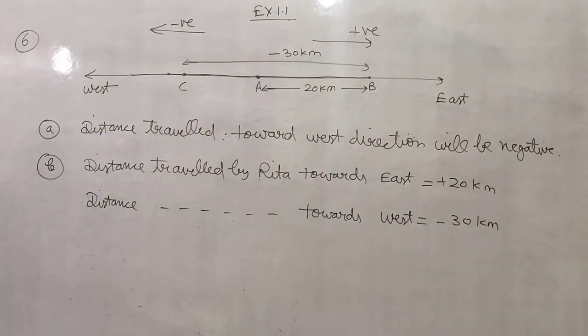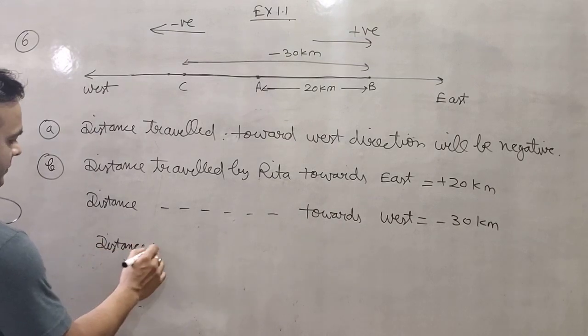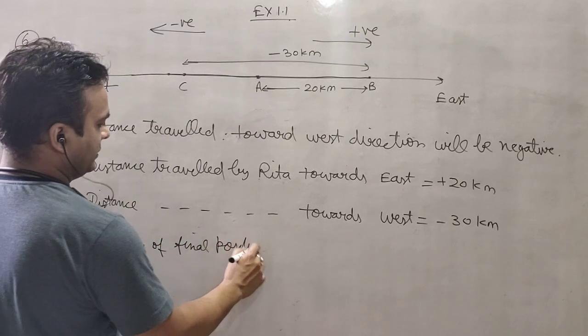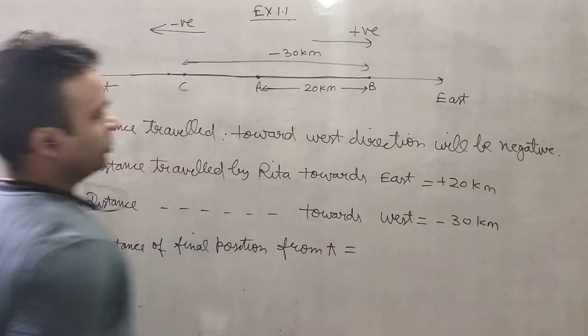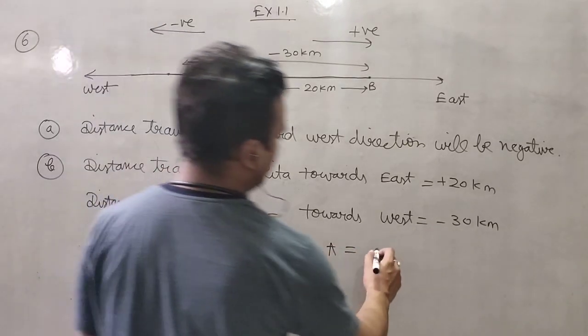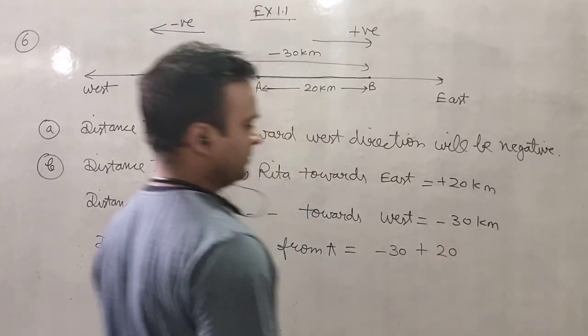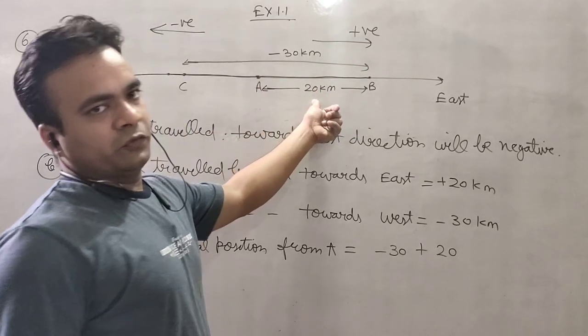Now what we have to do, we have to find the distance of the final position from A. So we will do minus 30 plus 20, because this is 30 and this one is 20.